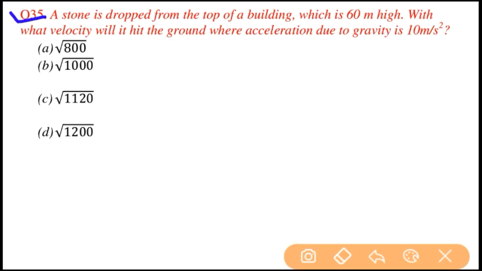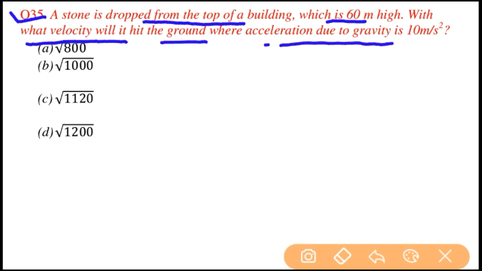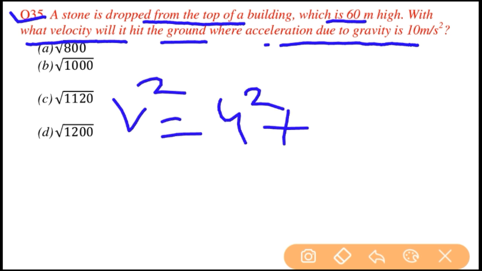In the next question, a stone is dropped from the top of a building which is 60 meter high. With what velocity will it hit the ground, where the acceleration due to gravity is 10 meter per second square? We have the formula v square equals u square plus 2gh.